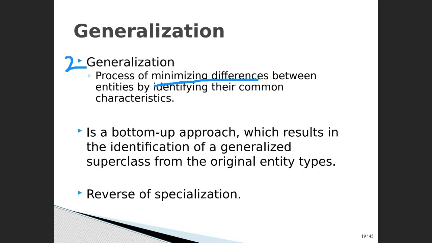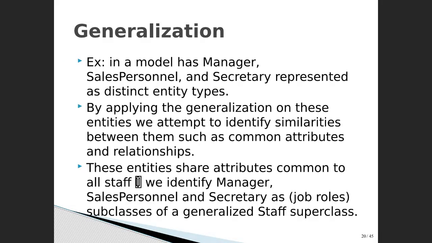So we take the subclasses, managers versus secretary personnel, minimize all differences between them, and then we define the superclass, which is the staff. So this is the generalization. It's about the superclass, the general term of it. So it's the reverse of specialization.